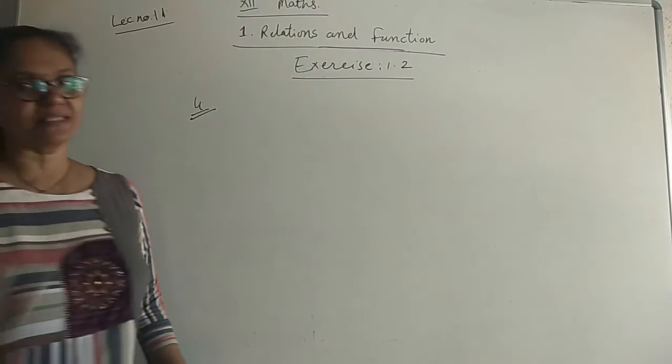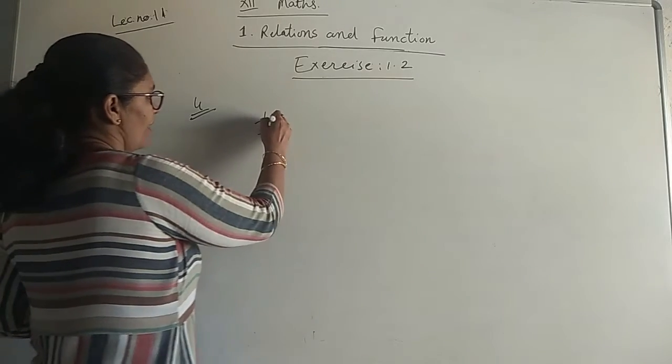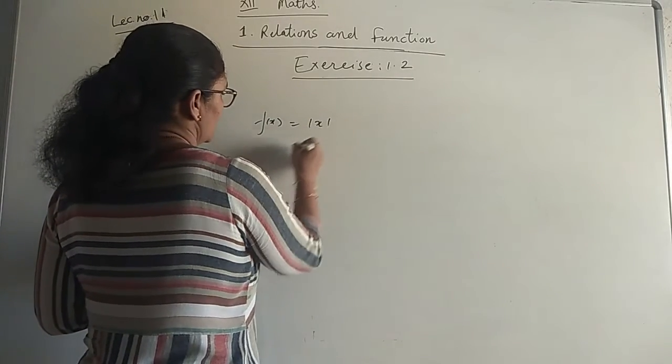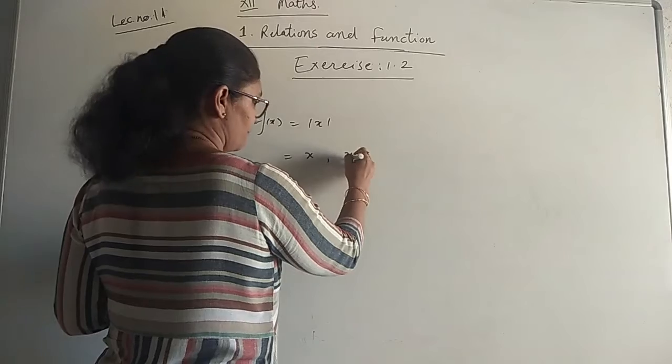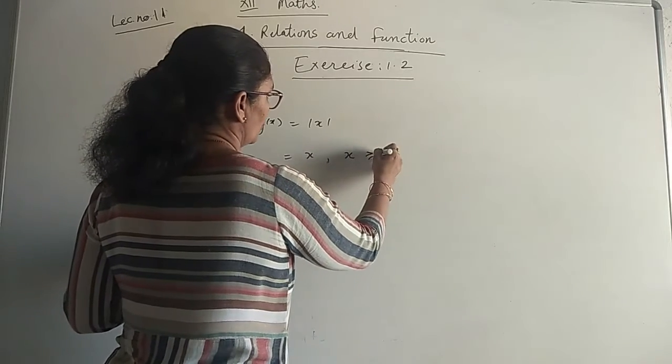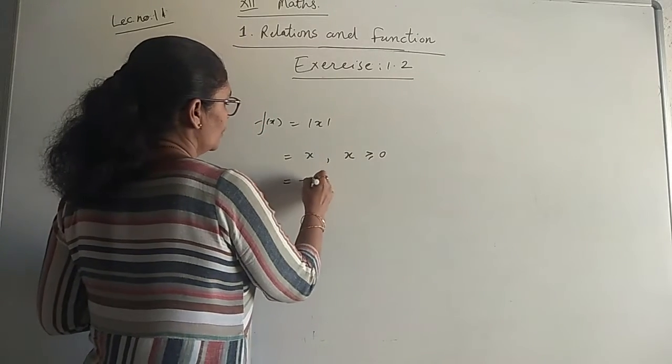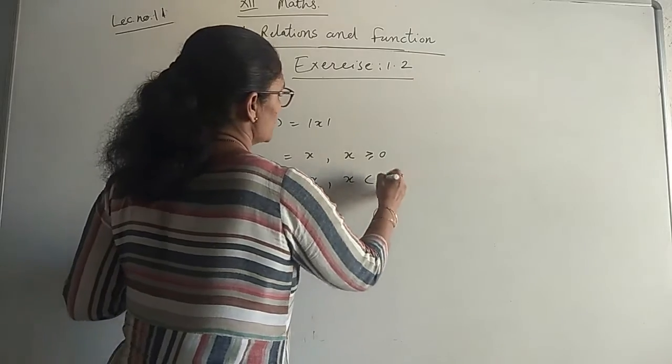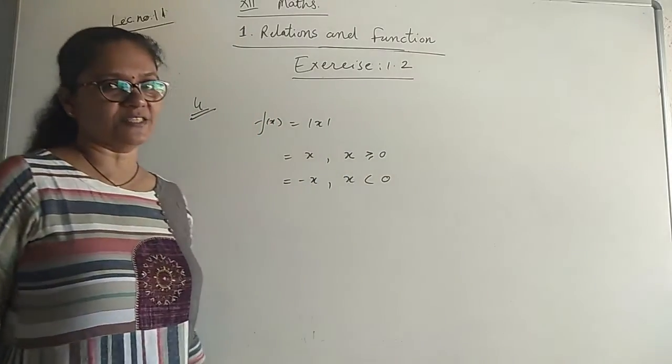Let's first mention this modulus function. f(x) equals |x|. It is equal to x if x is greater than or equal to 0, and equal to minus x for x less than 0. These are the two ways it is mentioned.